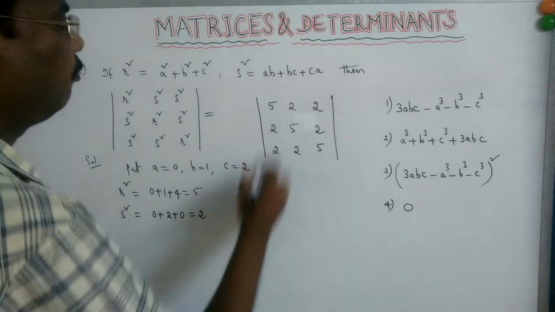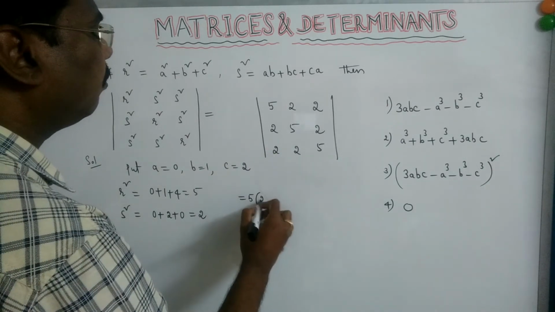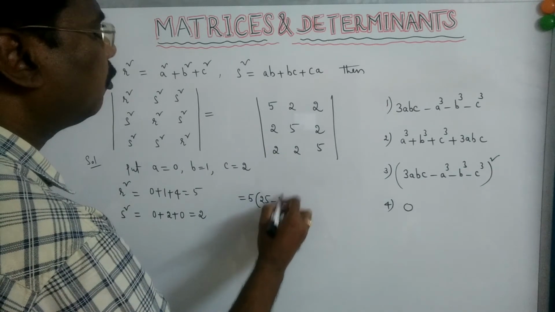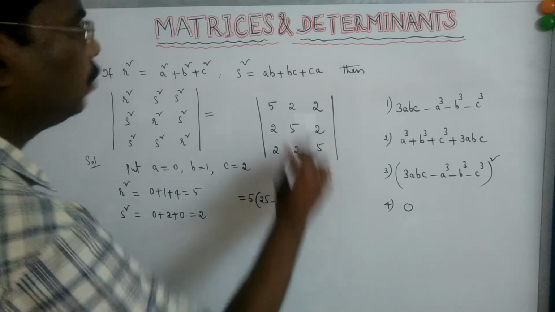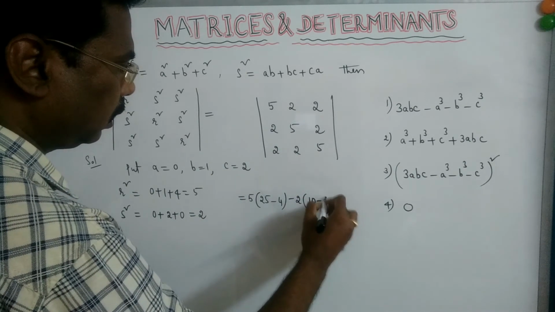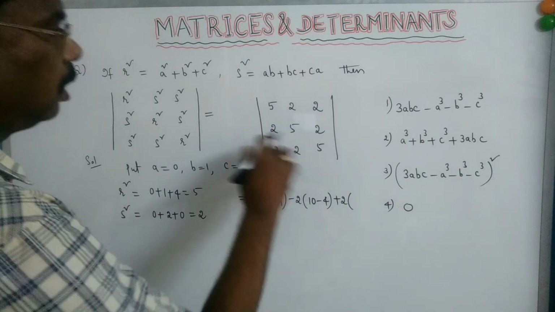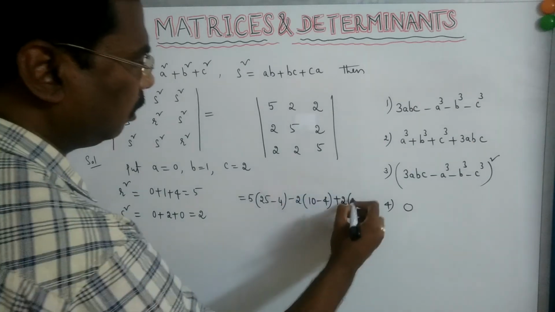Okay, now 5 into (25 minus 4) minus 2 into (10 minus 4) plus 2 into (4 minus 10).